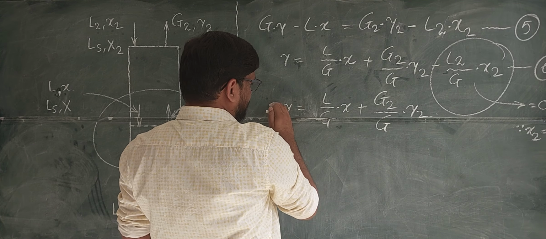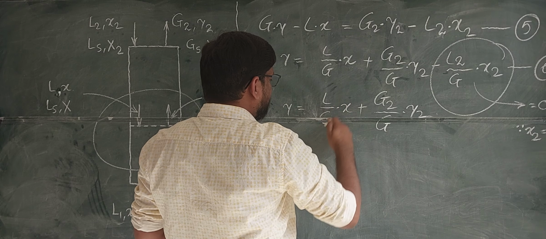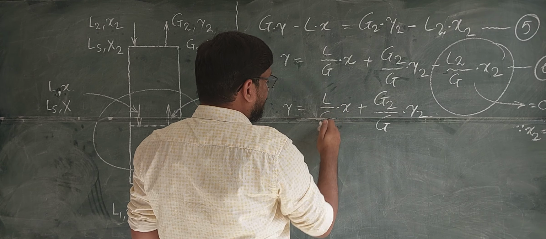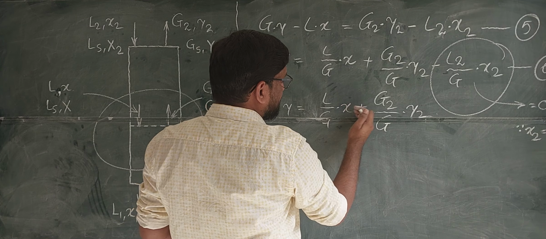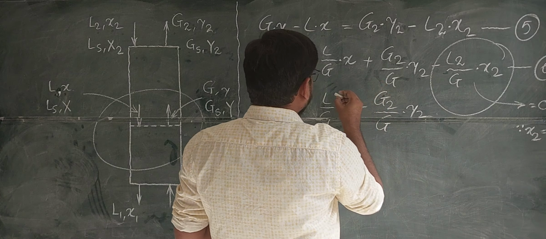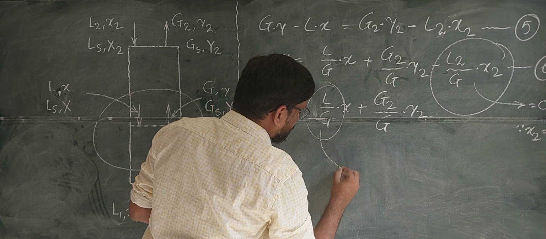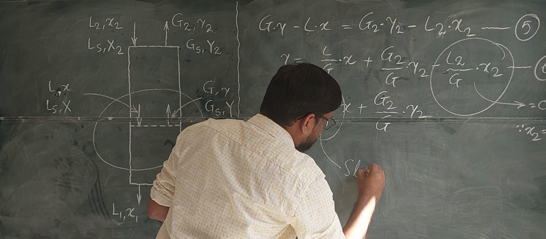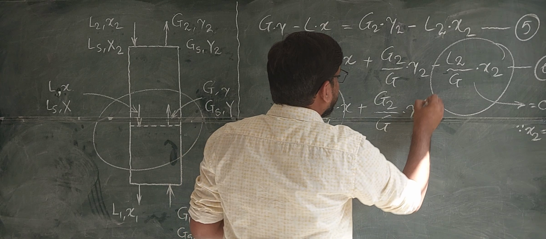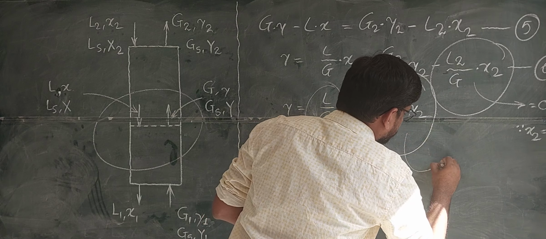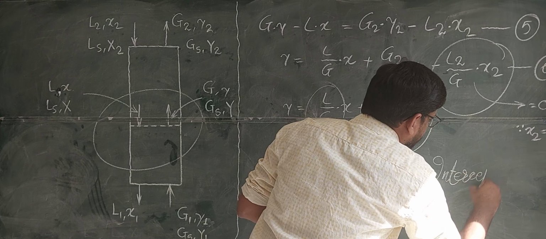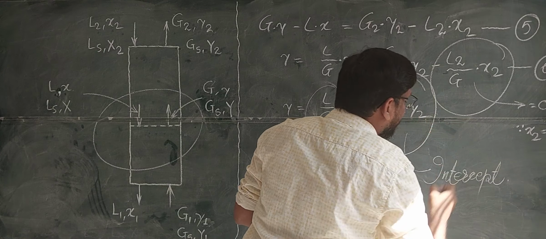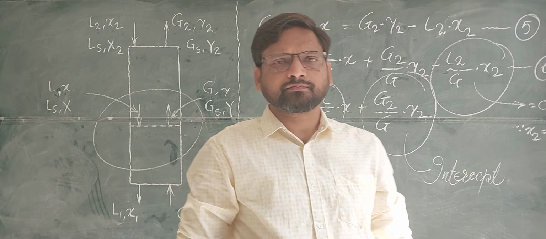So Y is equal to mx plus c, where m is the slope, which is equal to L by G, and this term G2 by G into Y2 is the intercept.